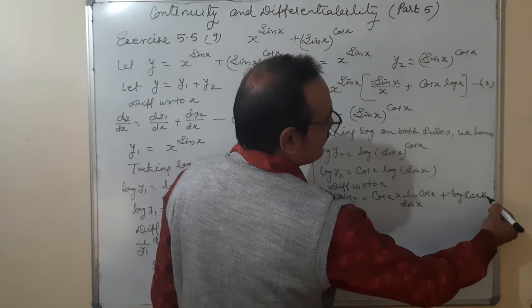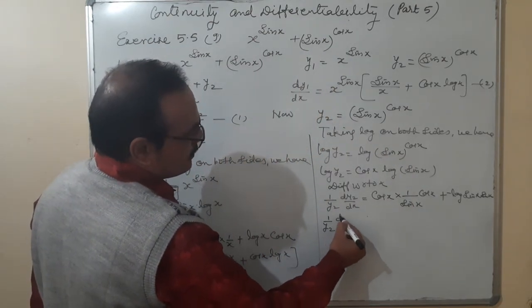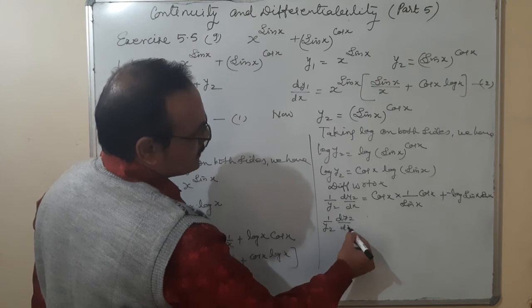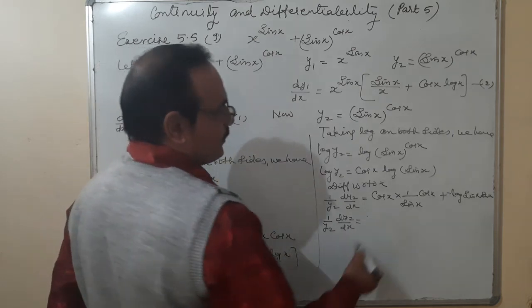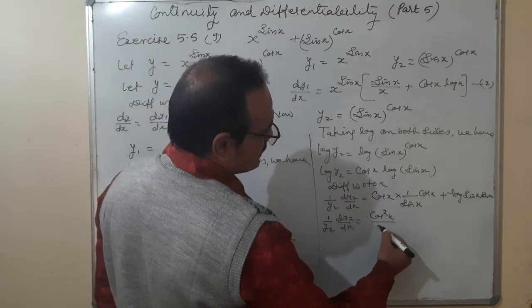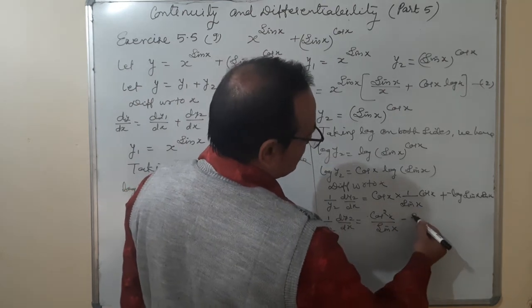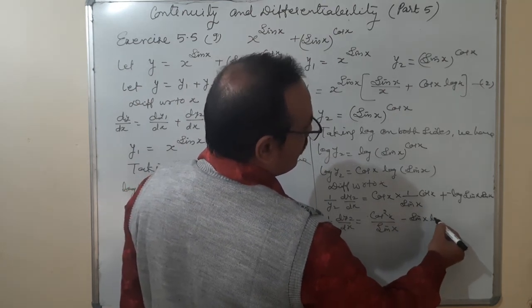So 1 upon y2 dy2 by dx is equal to cos x into cos x, cos square x upon sine x, minus sine x log sine x.